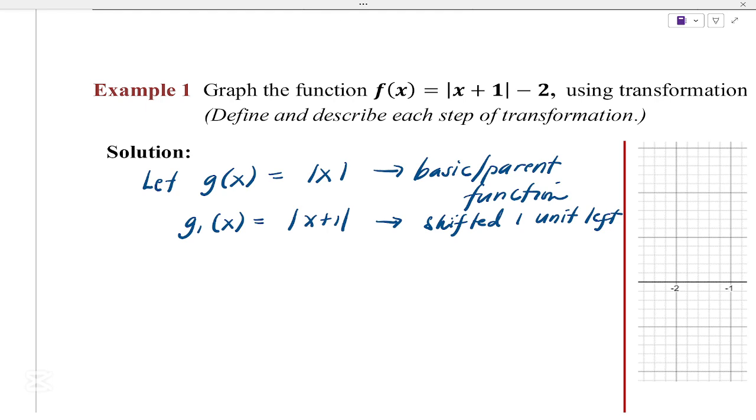And then the next transformation, after shifting 1 unit left, is we need to subtract 2 in this y function. So your new function will be the given function, which is absolute value of x plus 1 minus 2. So the graph transformation is shifted 2 units downward.